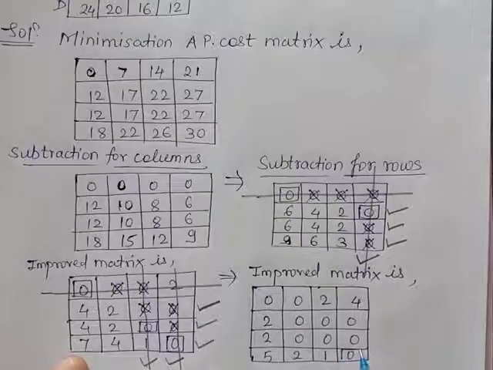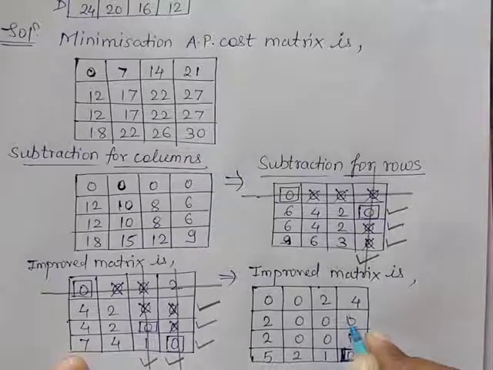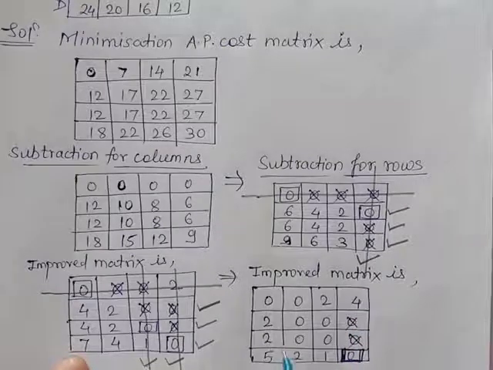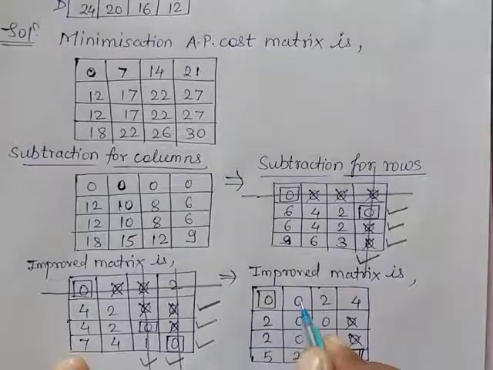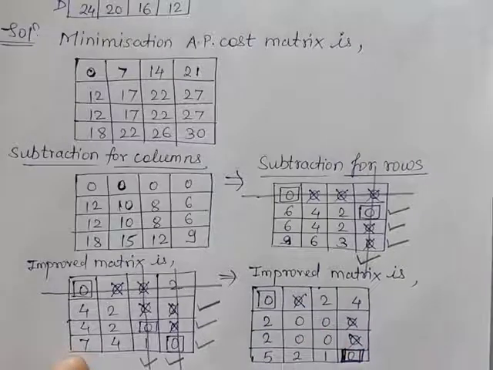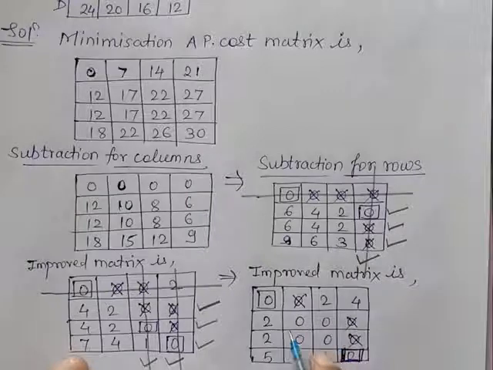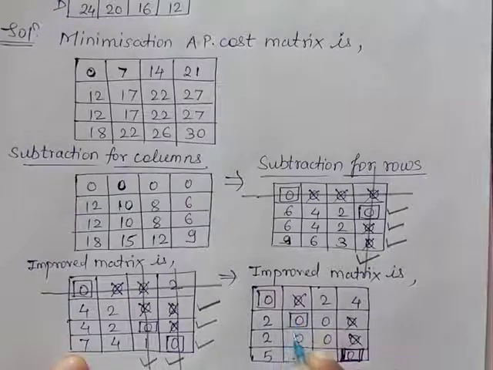So now I will cover this 0 in a square. This gets assigned, then these ones we will cross. Later on this gets assigned, this gets crossed. Now here we have a choice. So we can do the assignment here, then this gets crossed, and then do the assignment here, this gets crossed.